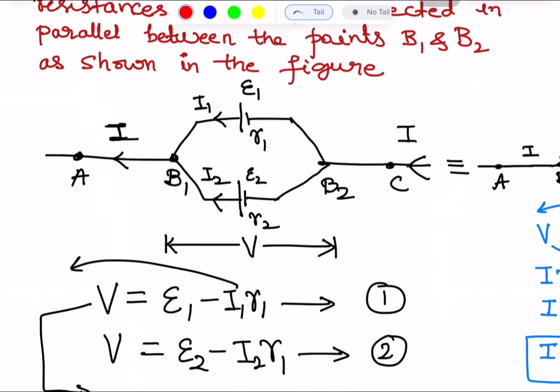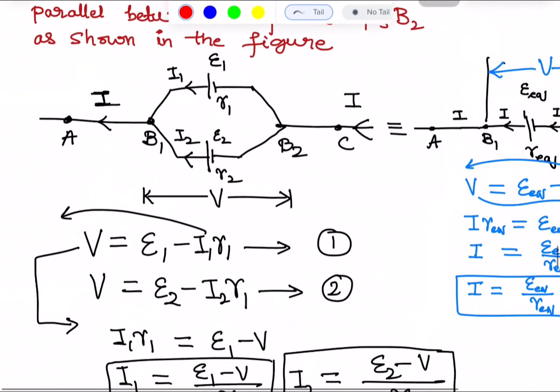Therefore, we can write the expression V is equal to epsilon 1, the EMF of the first cell, minus the current I1 driven by the first cell into its internal resistance R1. Let us call that equation 1.